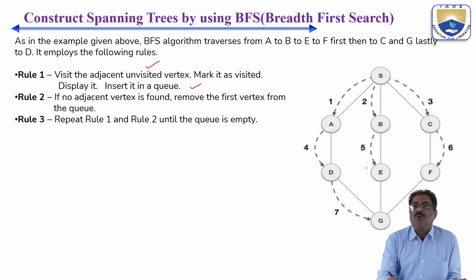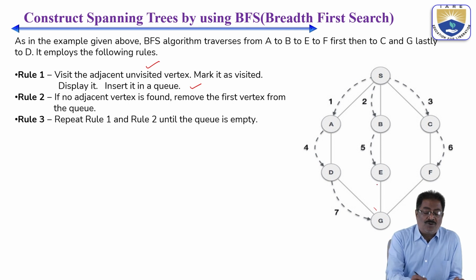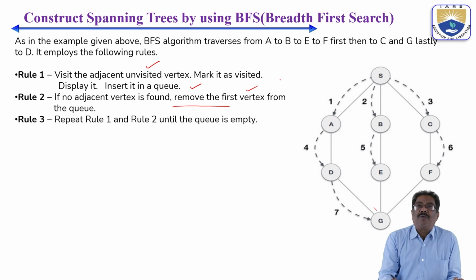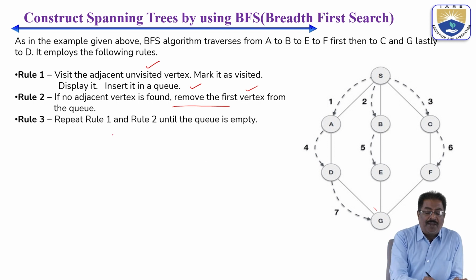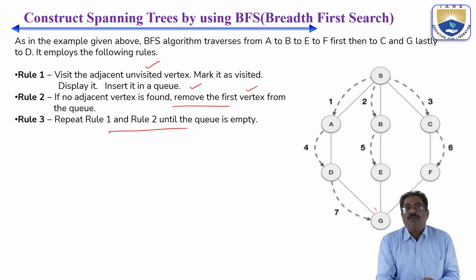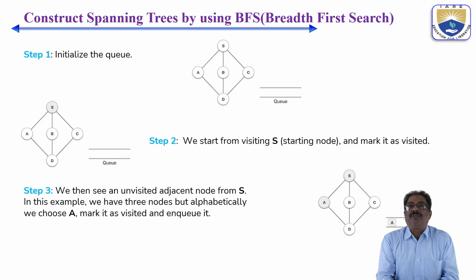Like that we have to move. Then we go back, and from D we consider the adjacent vertices into Q. If no adjacent vertex is found, then remove the first vertex from the queue. Repeat rule 1 and rule 2 until the queue is empty.